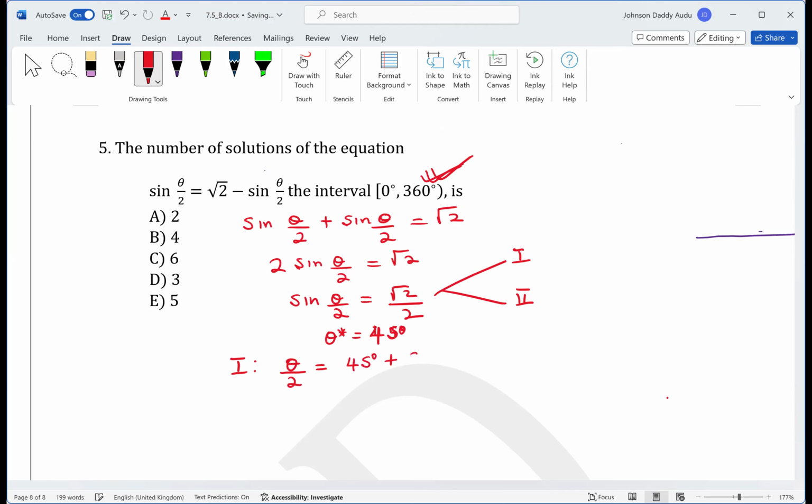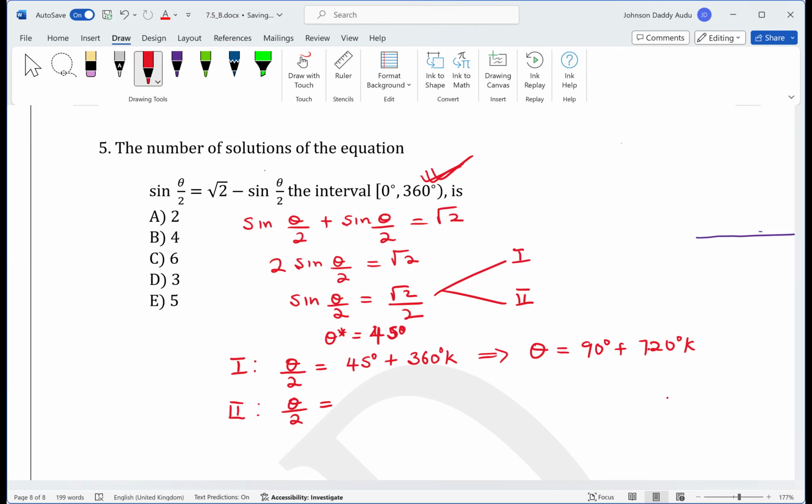And now you have to add 360k. And this means that theta is just going to be 90 plus 720k degrees.